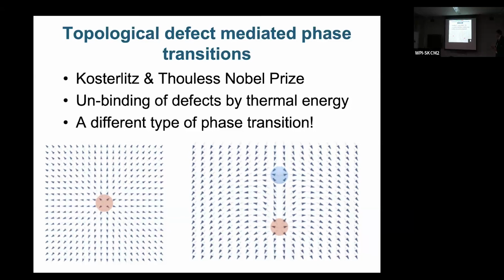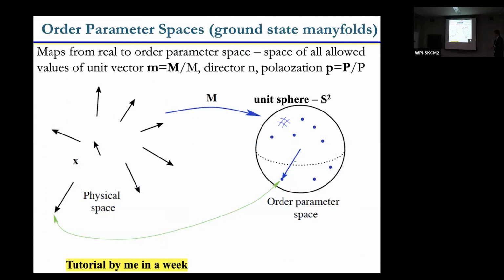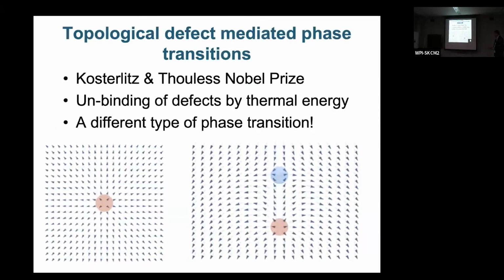And one of the papers that was quoted, related to topological defect-mediated phase transition, would look at how vortices of opposite charge can be generated when thermal energy, for example, is strong enough to decouple them apart from each other, and that can mediate certain transitions, right?